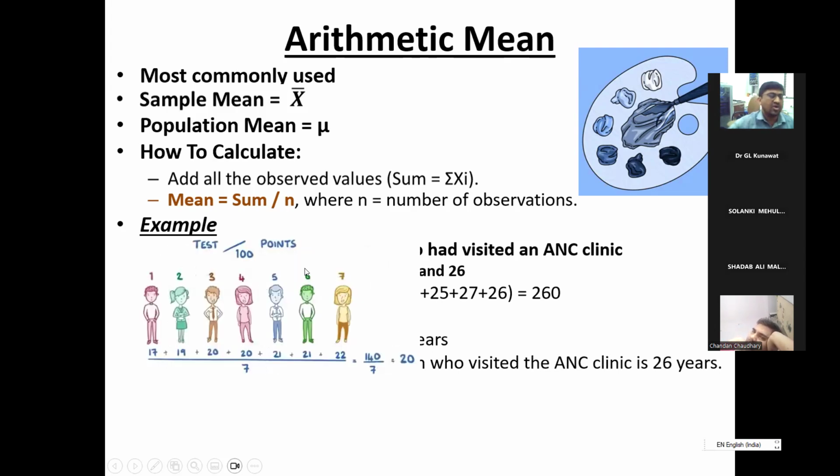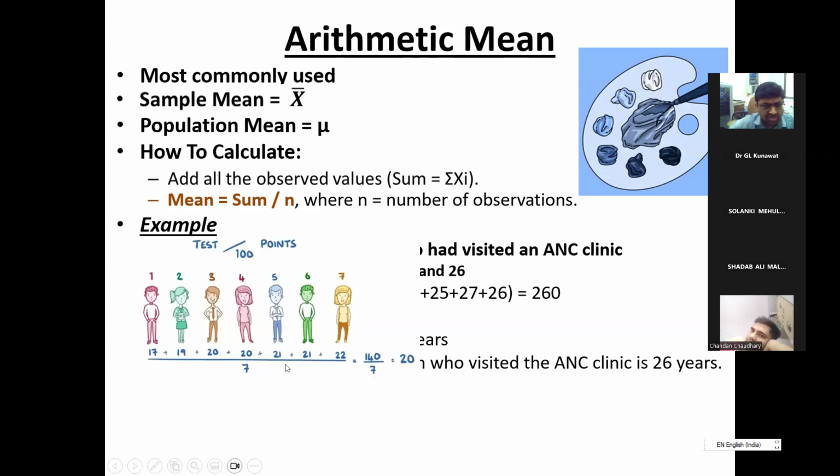Again, let us see one more example. Here we are seeing the test scores of students, and we have taken the sum of all the observations divided by the number of observations. Now see that all the students have nearby marks.